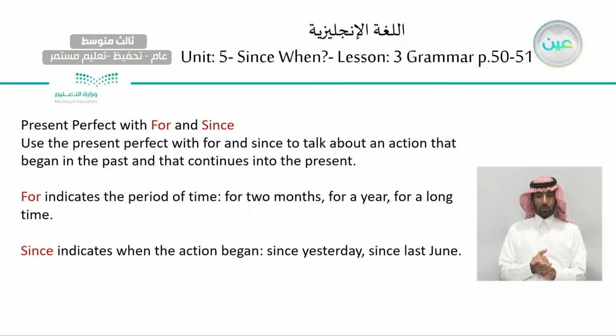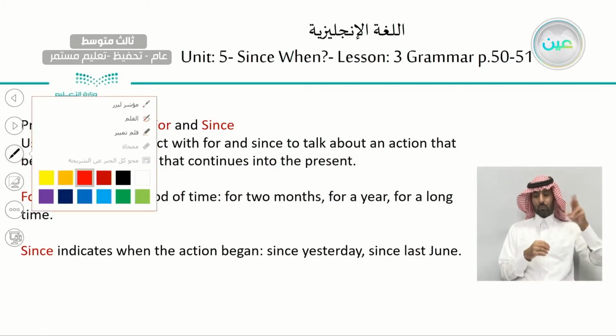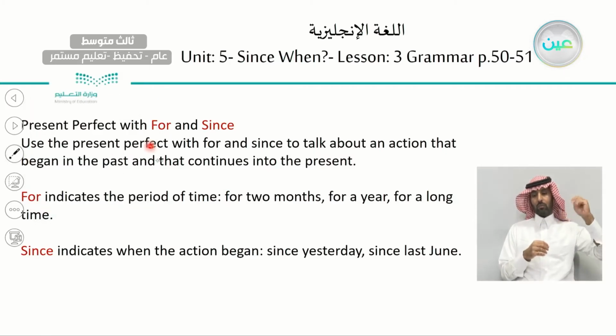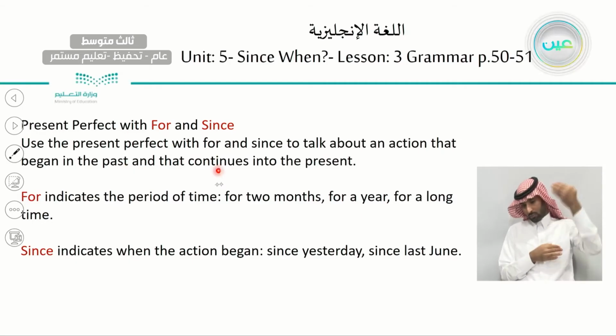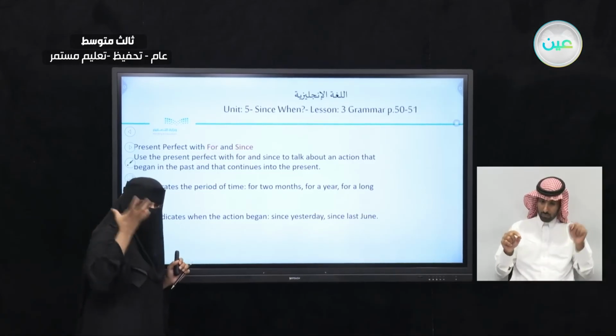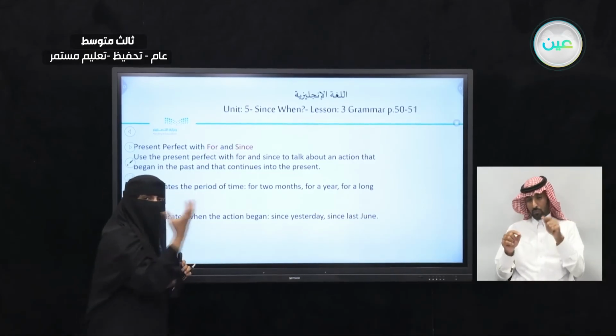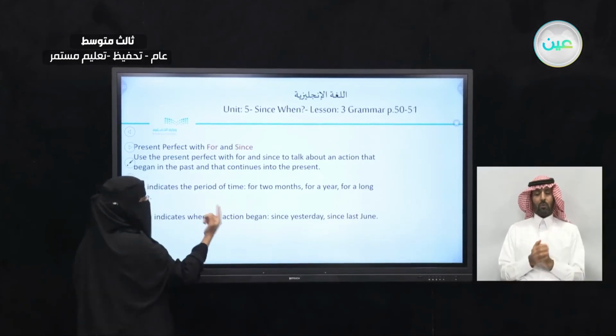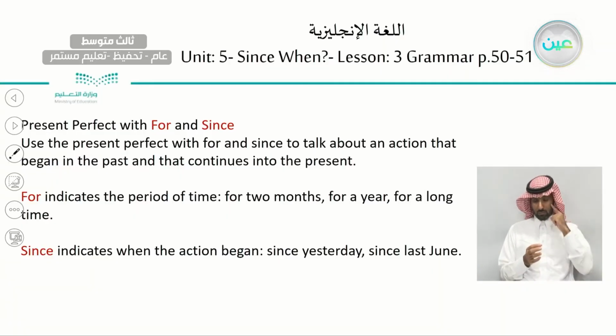Okay. Now, in your book, page 50, the present perfect with for and since. We use the present perfect with for and since to talk about an action that began in the past and continues to the present. As I told you with the timeline, the action started in the past and it continues to the future. We use for and since.